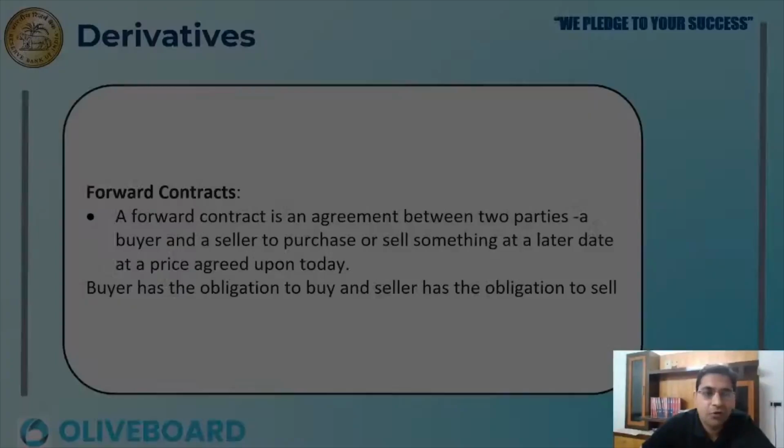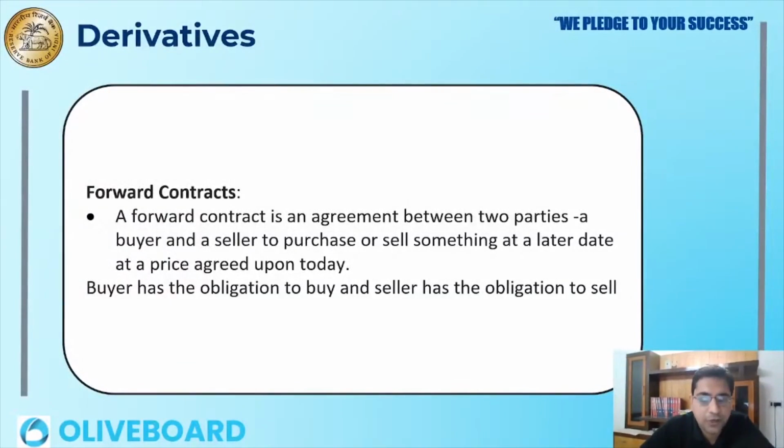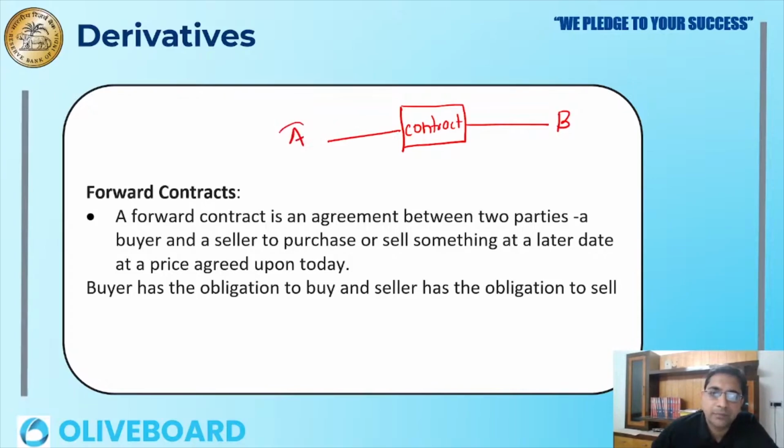So first of all, what is meant by a forward contract? A forward contract is a contract between two parties, party B and party A, a buyer and a seller. One person will buy and this person will sell on a later date.